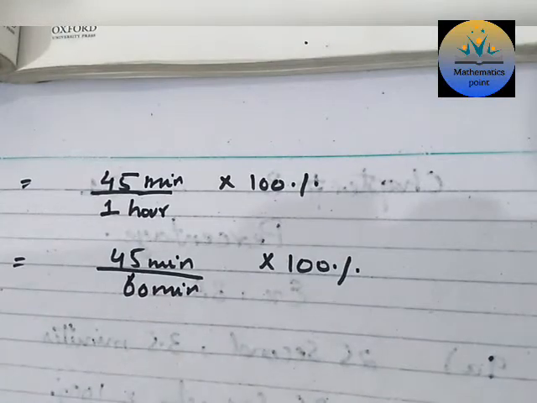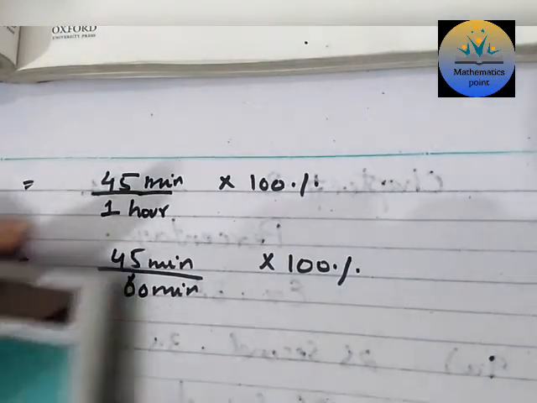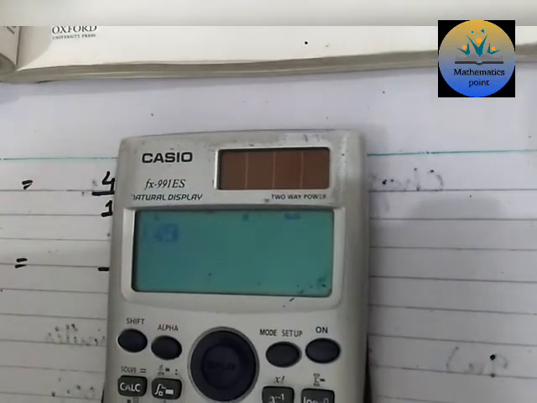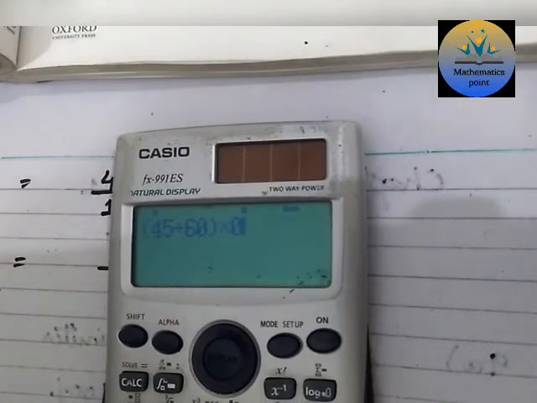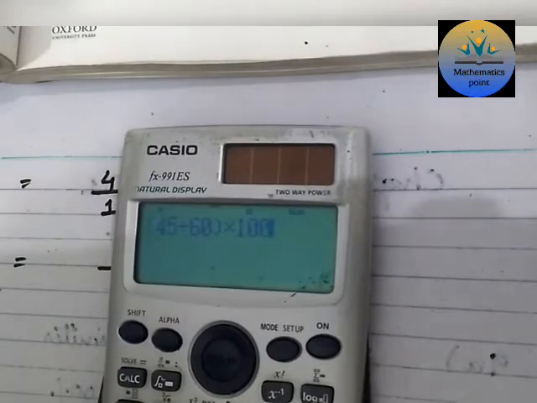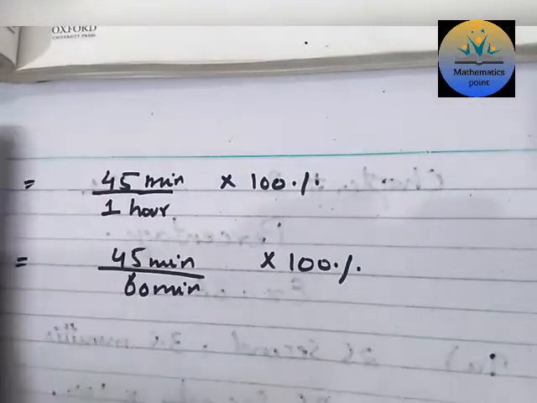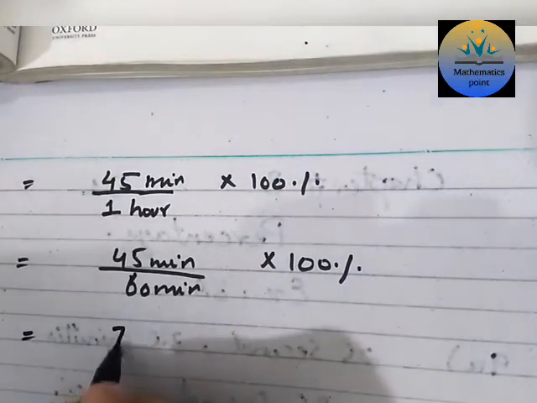Now we simplify: 45 divided by 60 times 100. We get the answer as 75%.